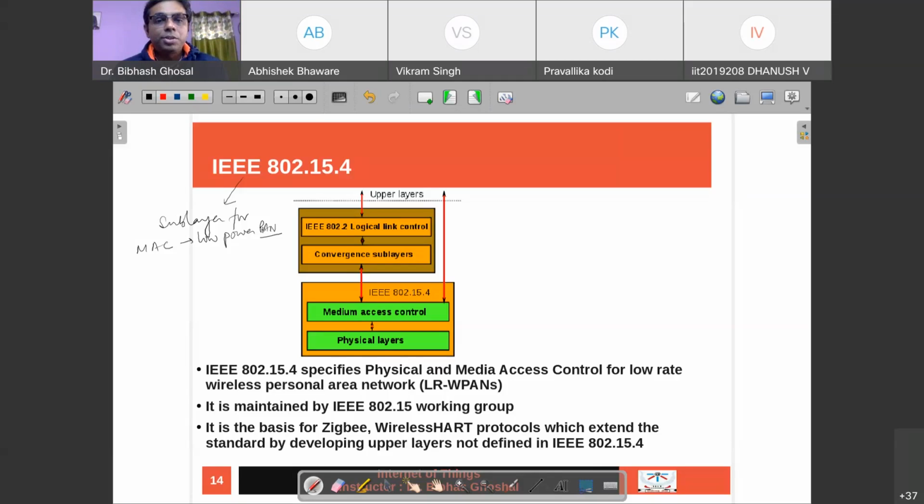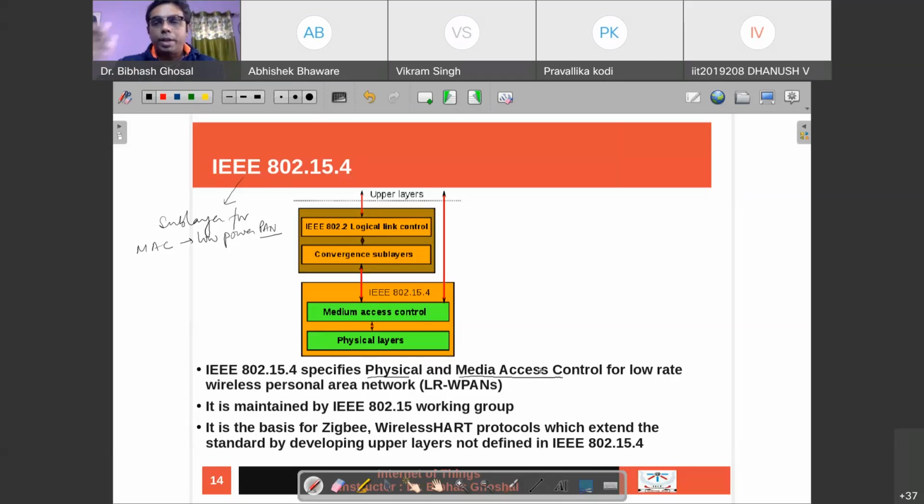And with this, it was introduced into the IoT communication technology or the layers. So what it basically is, it's a communication protocol whose main job is to handle the physical and the media access control.